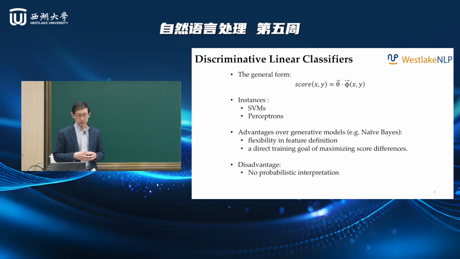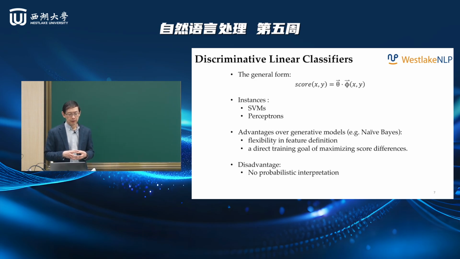The advantage of SVM and perceptron over naive Bayes is that they support arbitrary feature definition, as I showed you last week. We can use C, WC, BIC, every kind of feature we can define. We don't worry about generating every word only once.